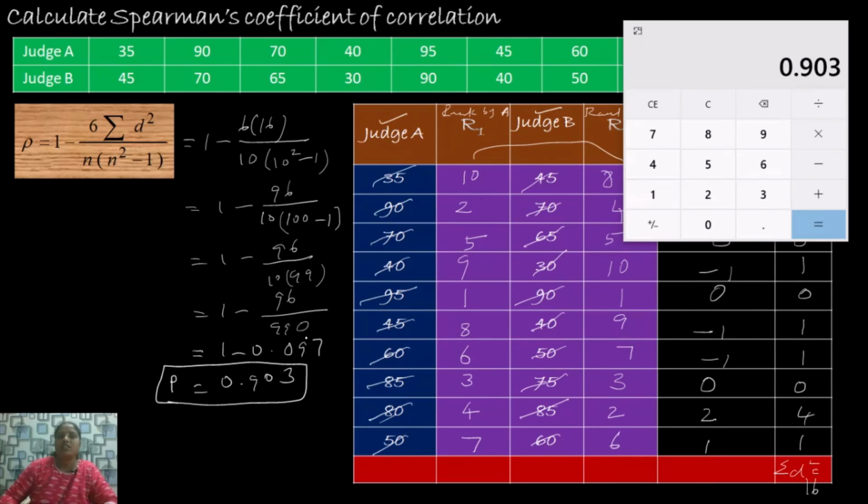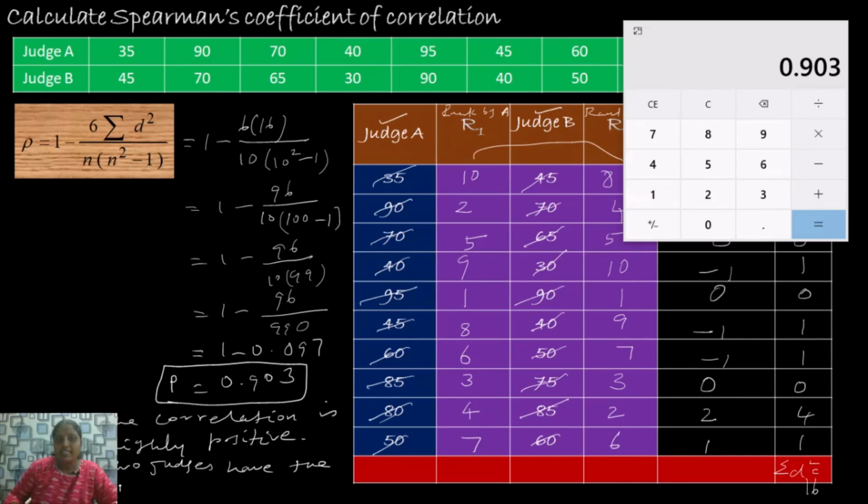So the correlation here is highly positive. Or in other words, the two judges have the nearest approach in assigning marks to the 10 students.